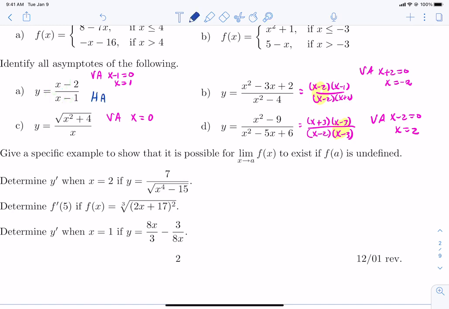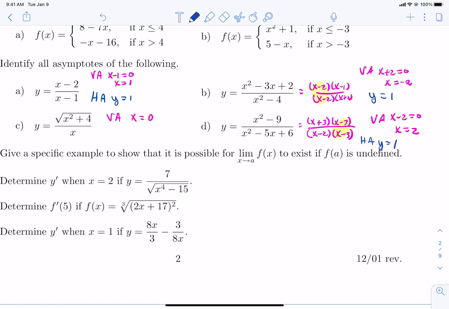They match, so we can just use the coefficients. So it's just going to be y equals 1 over 1, or 1. B, same thing. We're just using the simplified version after we remove the hole. It's going to be y equals 1 over 1, or 1. Same exact thing for D. The horizontal asymptote is going to be y equals 1 over 1, or 1.